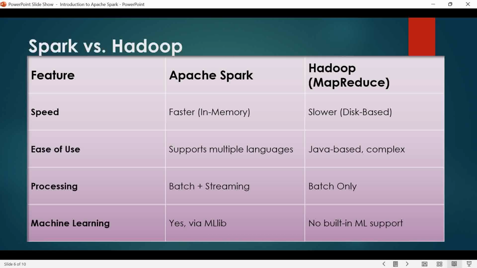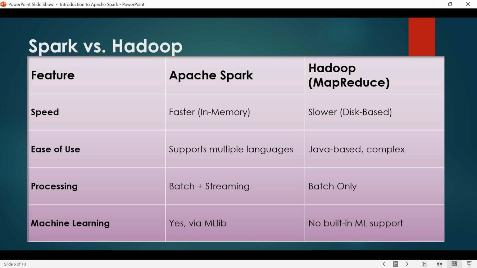Let's go ahead and see Spark versus Hadoop. So, many people ask, how does Spark compare to Hadoop? The key difference is speed. Spark uses in-memory processing, making it much faster than Hadoop's disk-based MapReduce.